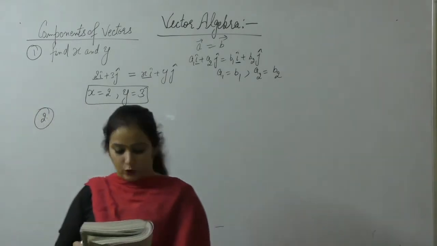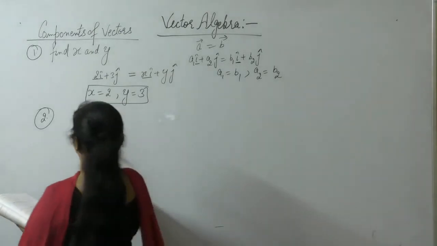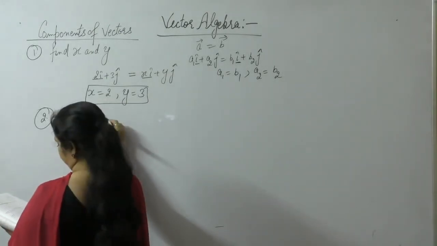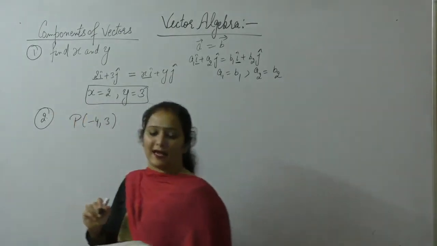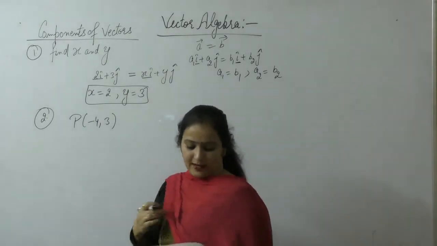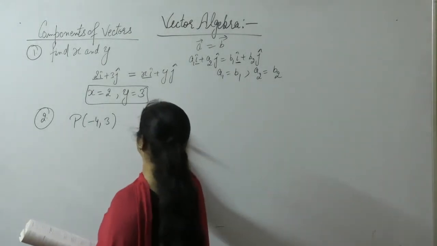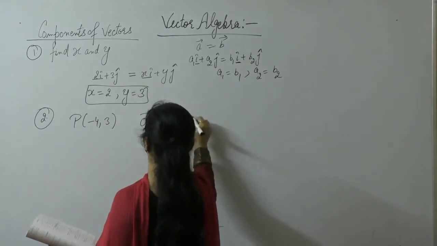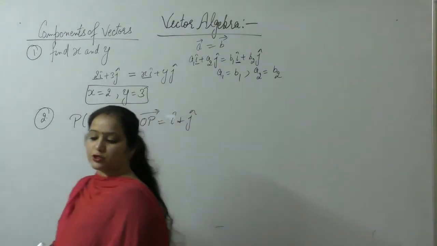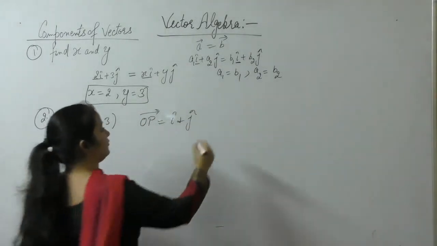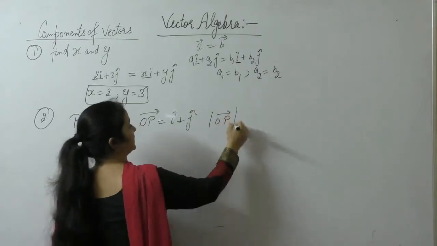Now the next one. Let O be the origin and let P be the point (-4, 3) in the xy plane. Express OP vector in terms of i and j. Also find the magnitude of OP vector.